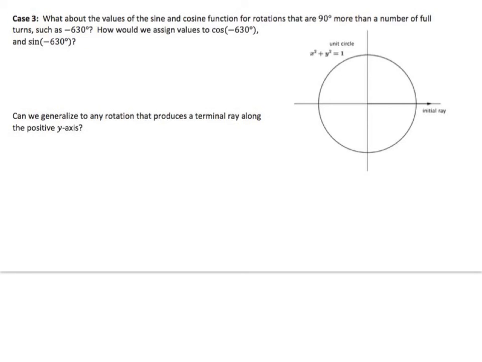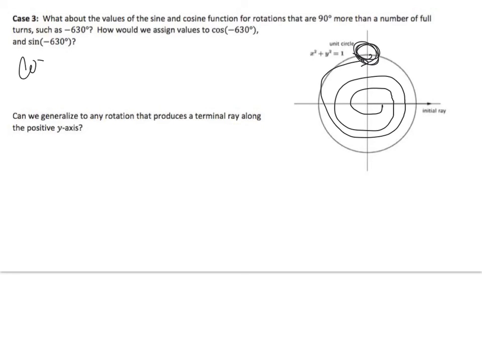Case 3, what about the values of the sine and cosine function for rotations that are 90 degrees more than a number of full turns, such as negative 630? Negative 1, 2, 3, we end up right there.